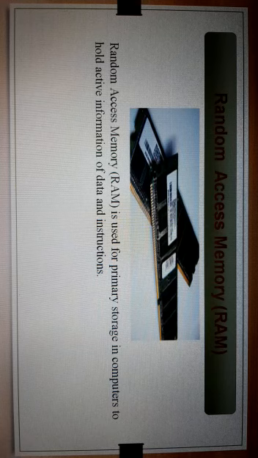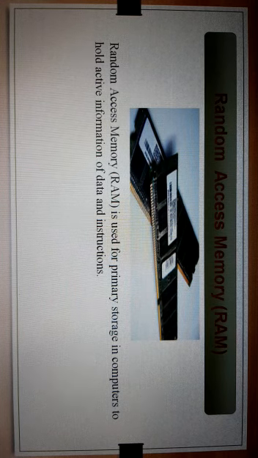Whenever any data is supplied by the user, first it goes to the computer's memory, that is, RAM. So RAM can hold the active information or the data that is currently being processed, along with the instructions. So this memory is also called read-write memory.